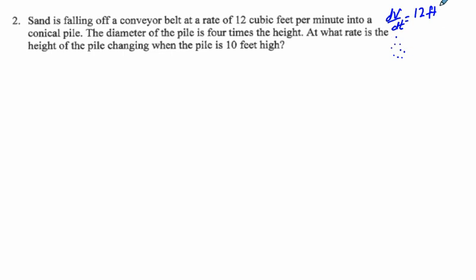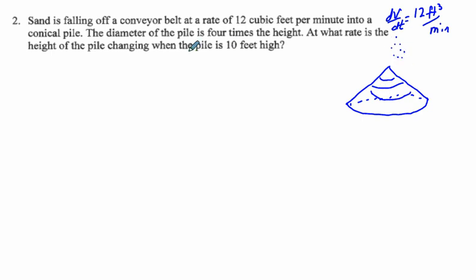So feet^3 per minute. It's falling onto a conical pile. So I draw a pile here, and so here's our cone drawn. Okay, so that's kind of what this looks like.